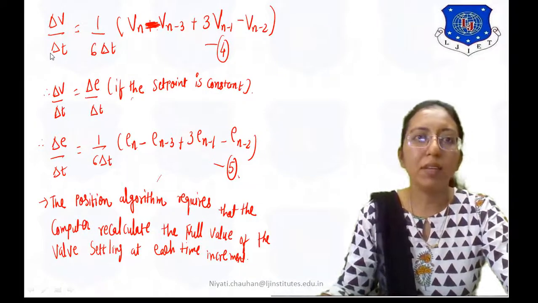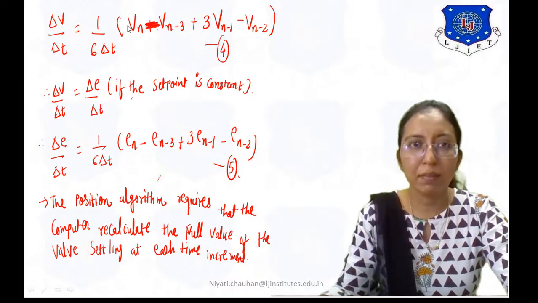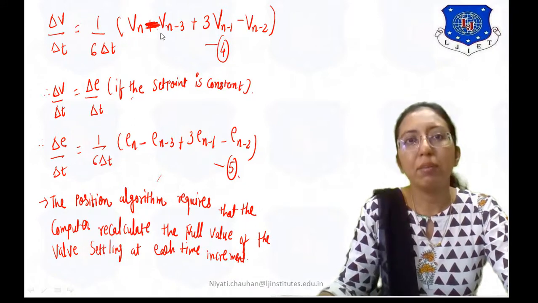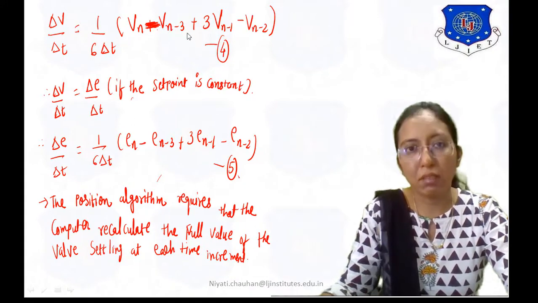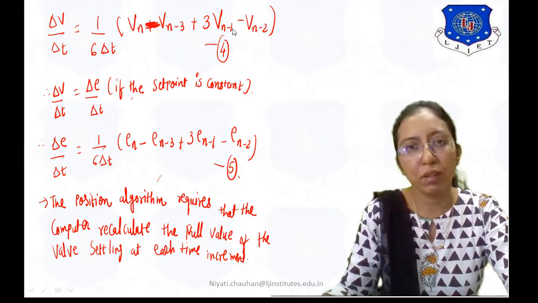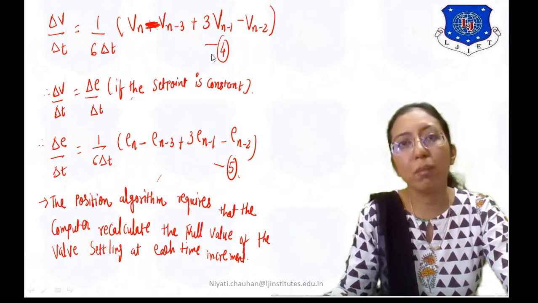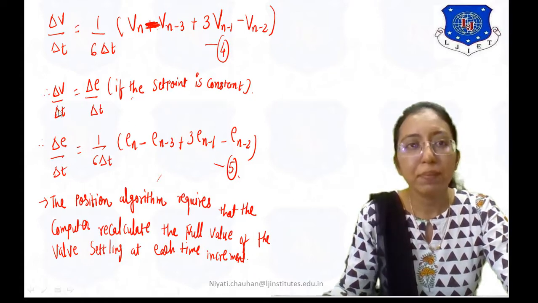So ΔV/ΔT is equal to 1/(6Δt) [Vn − Vn-3 + 3Vn-1 − Vn-2]. This gives equation number 4.